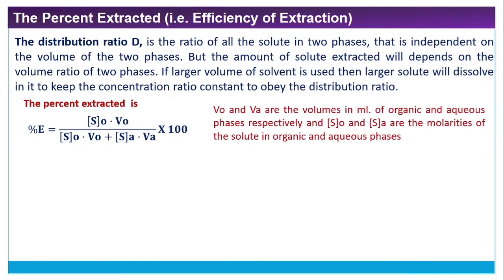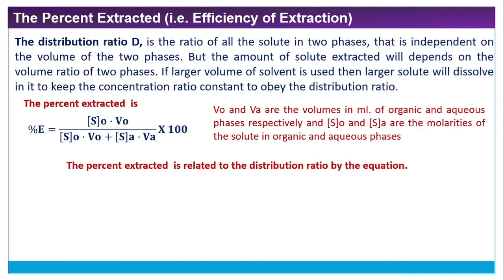Friends, here Vo and Va are the volumes in ml of the organic and aqueous phases respectively, and So and Sa are the molarities of the solute in the organic and aqueous phases. The percent extracted is related to the distribution ratio by the following equation: percentage extraction is equal to 100 times D divided by D plus Va upon Vo.